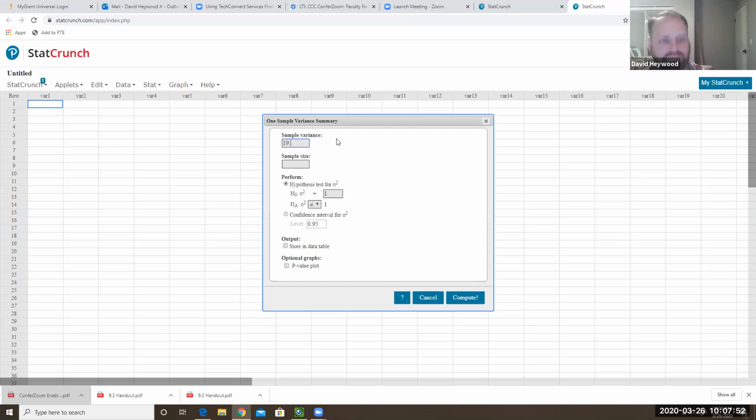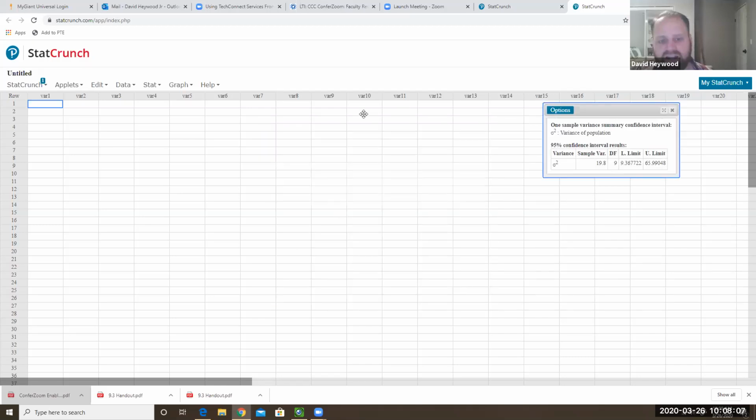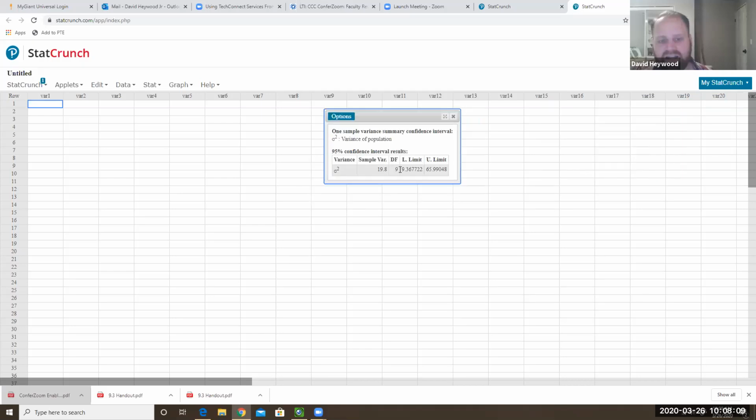Sample size we said was 10. We want a 95% confidence interval. And notice it's a confidence interval for sigma squared, for the variance. Anyway, hit compute. It gives us all kinds of good information. This is what we're looking for: our lower limit and our upper limit, our lower bound and our upper bound. So this is the lower bound for our confidence interval and the upper bound for it.